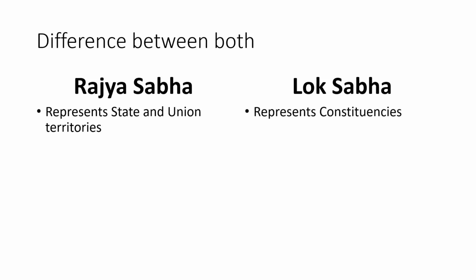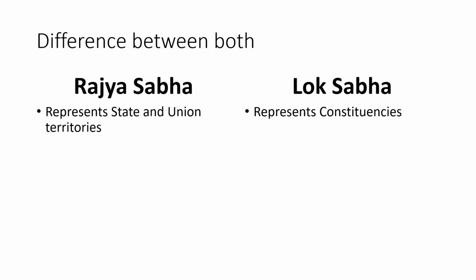The whole of India is divided into various constituencies, and from these constituencies, the member of parliament, or the person who is willing to get elected to the Lok Sabha, stands for election. So Lok Sabha represents constituencies, and it is directly voted by the people of India.